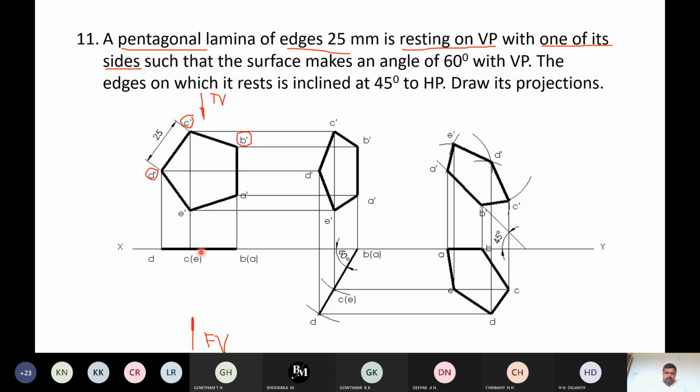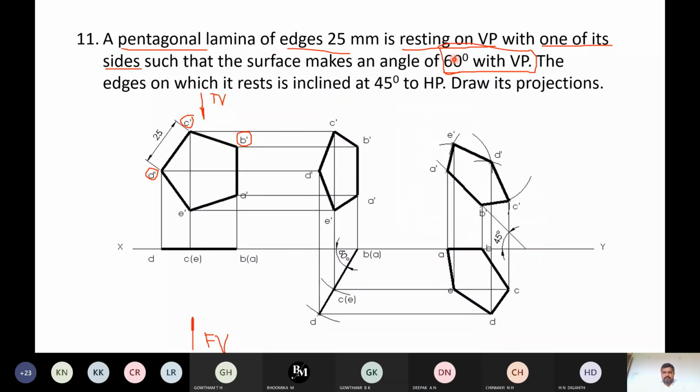So first you start drawing the front view, then project the points and get the top view. Next, rotate the top view and satisfy the first condition, that is 60 degrees with VP. Why are we considering inclination with respect to VP first in this problem?